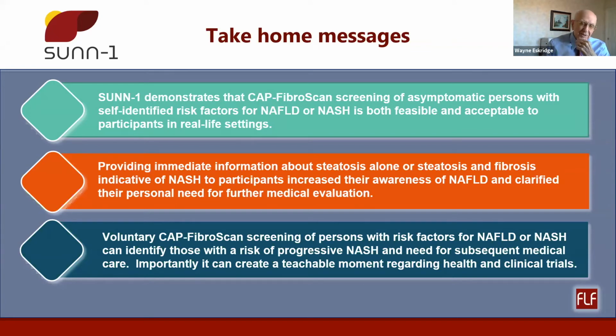So we're working with a little bit different environment right now, but we do still plan to continue the Sun program. And ultimately, our goal is to see 1 million patients a year screened for asymptomatic disease.